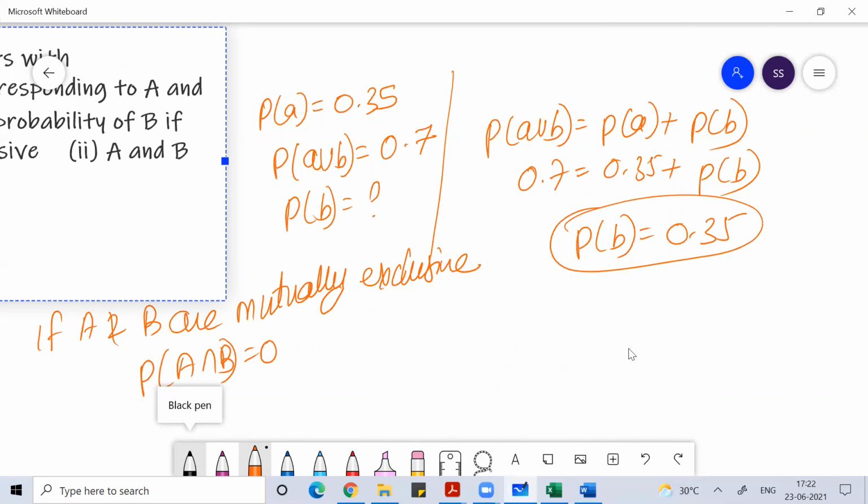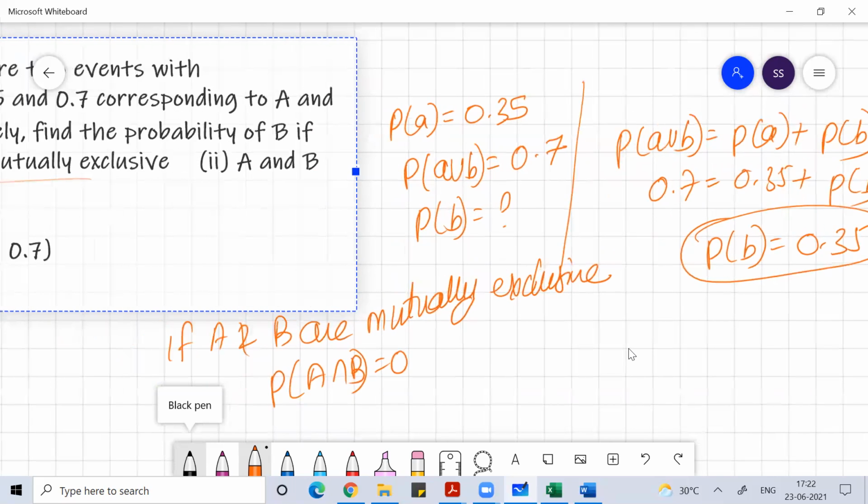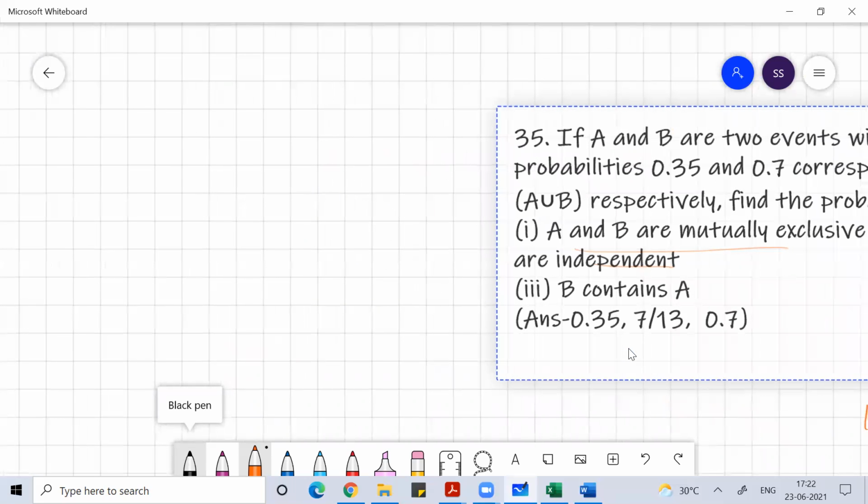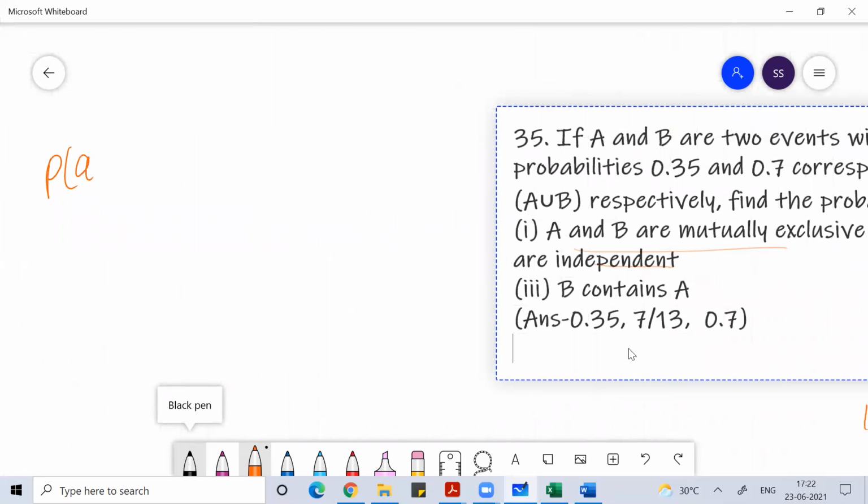If A and B are independent, then probability of A intersection B would be probability of A times probability of B. Probability of A is given as 0.35.